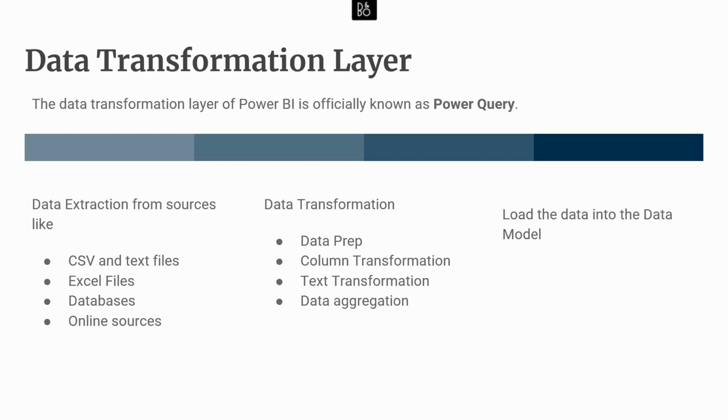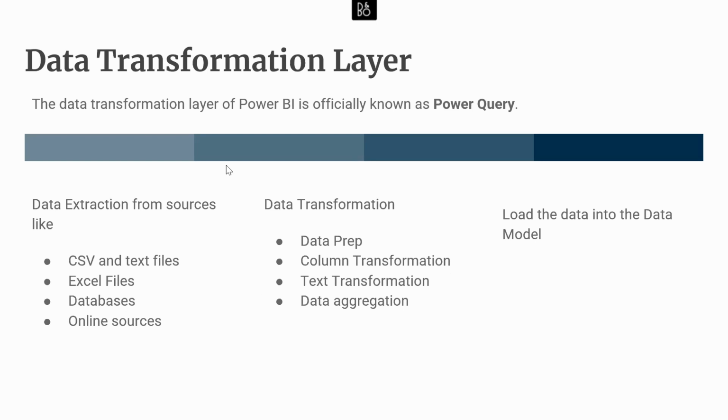You can get data from SharePoint lists, from Excel, from your database. You can transform and merge the data together, and from there you can create your analysis, right? So you extract your data, you transform your data, then you load your data into the data model.